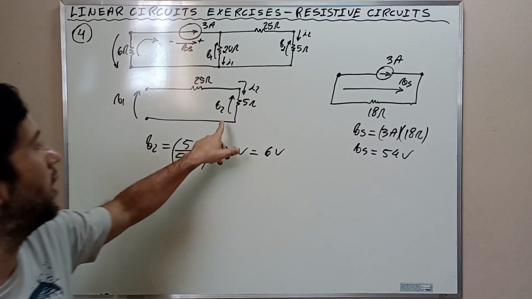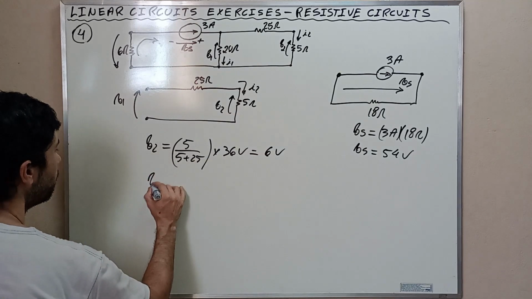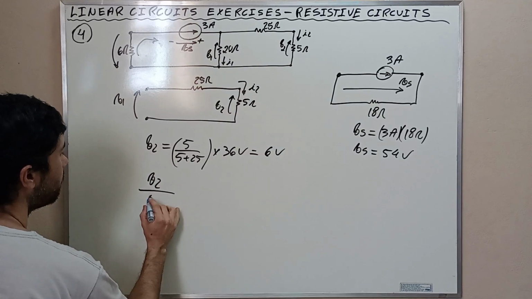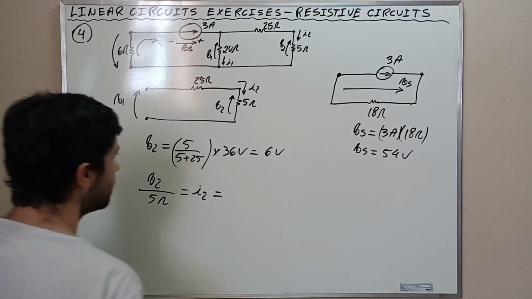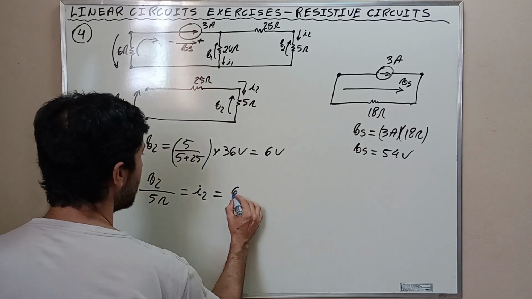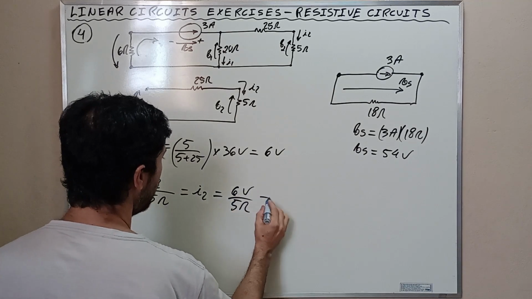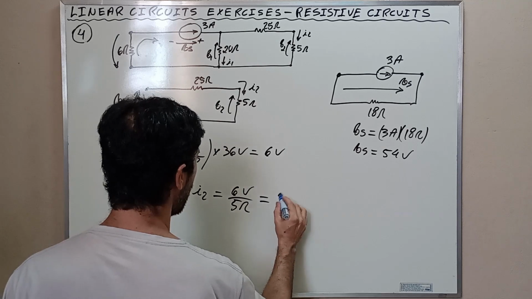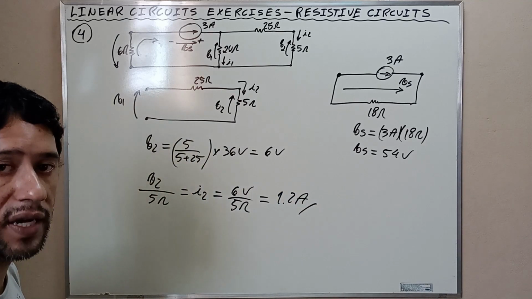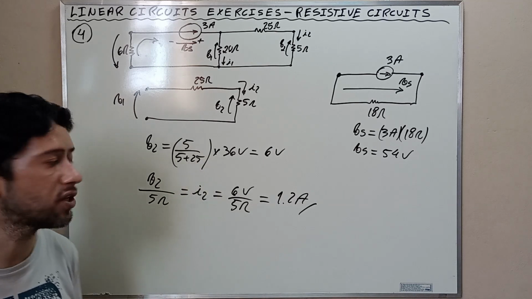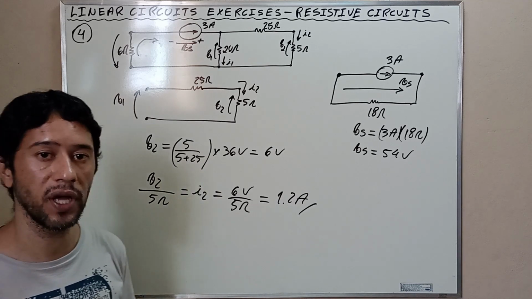And if we divide V2 by 5 ohms we find I2, okay, and V2 is 6 volts divided by 5 ohms, and this is equal to 1.2 amps, my friends, and this is all the exercise requested of us. Alright, my friends, and I hope you've understood everything.